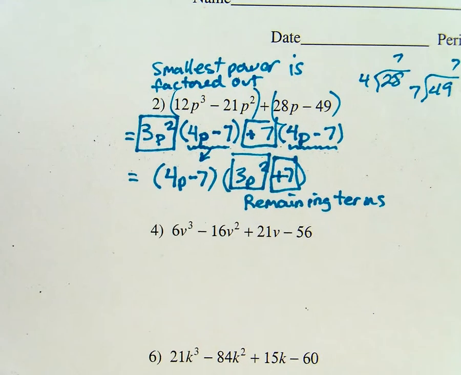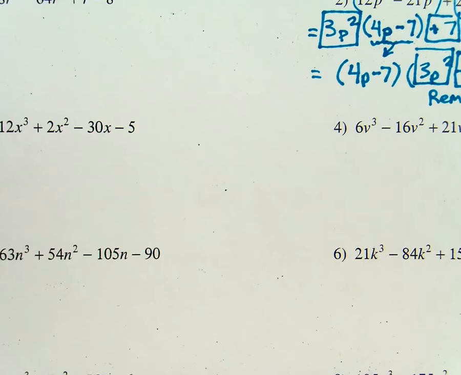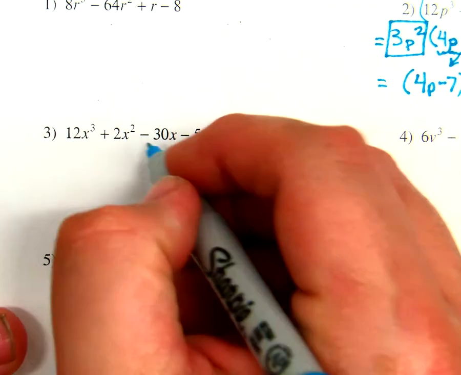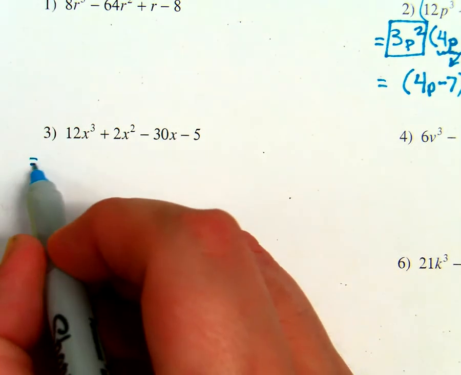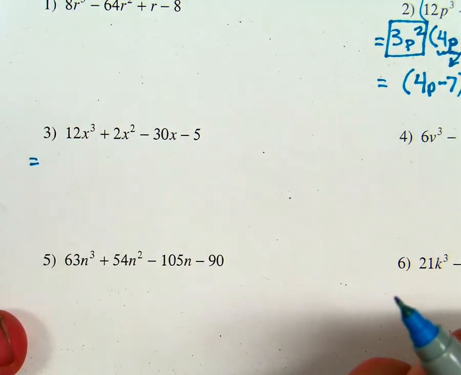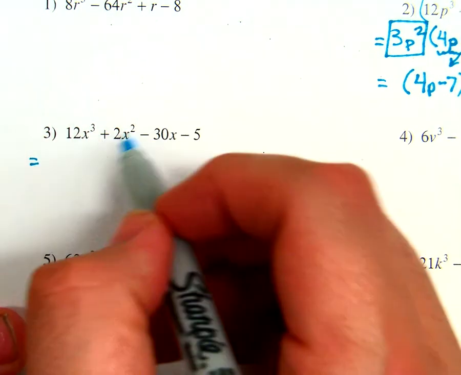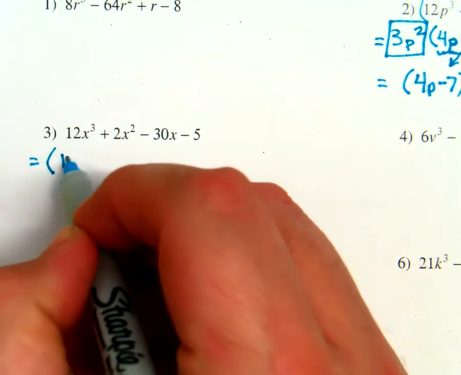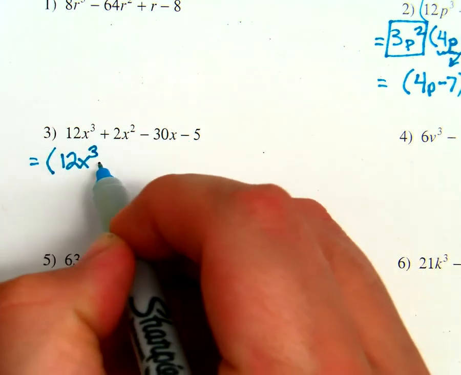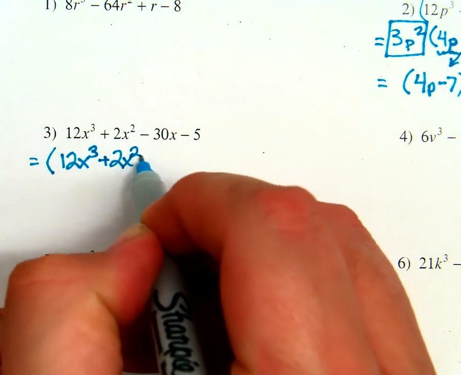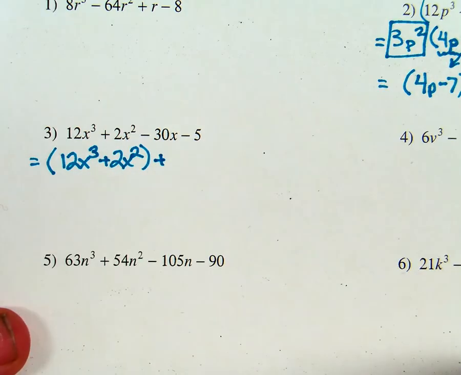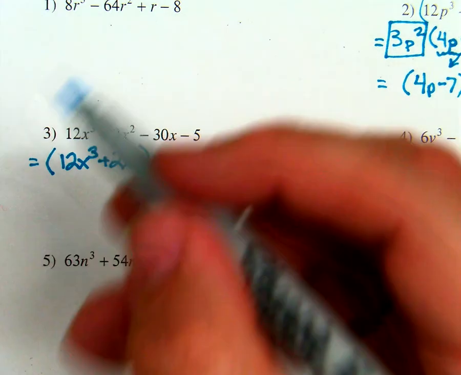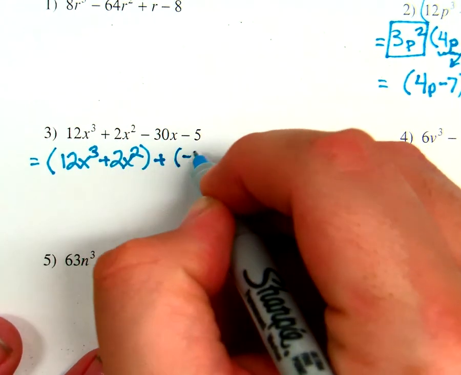Now, number 3, I want to make sure that you understand what happens when there's a negative sign here. I'm still going to use the first 2 terms and the second 2 terms. 12x cubed plus 2x squared. But here's what I'm going to do that's a little bit different. I'm going to say plus, and I'm going to put negative 30x minus 5.